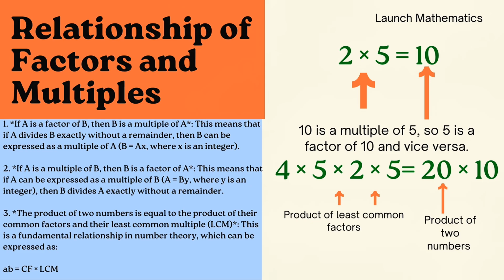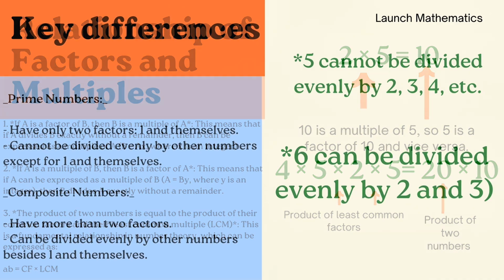For example, 20 has factor pair 4 multiplied by 5. 10 has factor pair 2 multiplied by 5. The product of 20 and 10 and their factor pairs will be equal, which is 200. This is a fundamental relationship in maths.